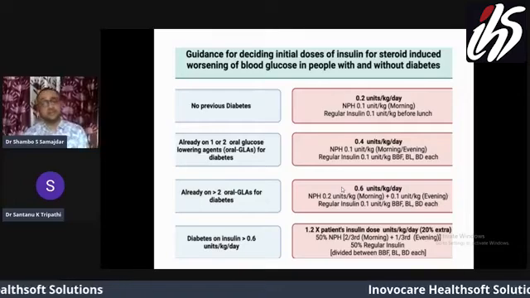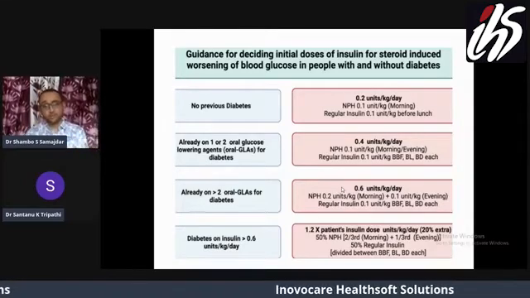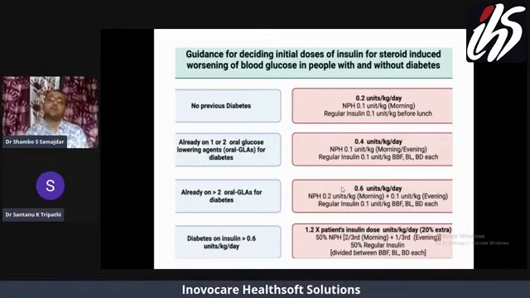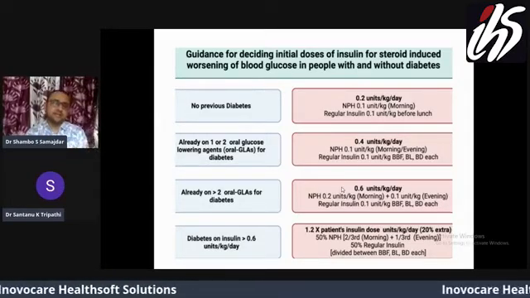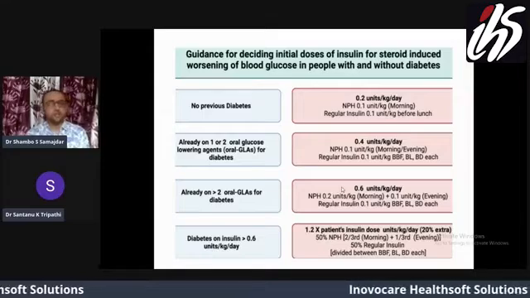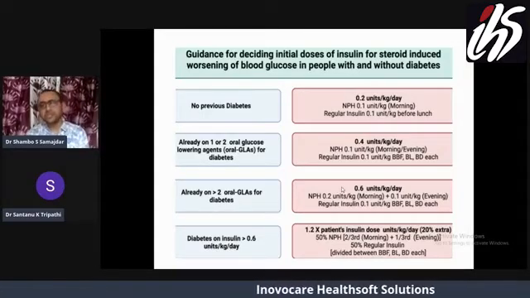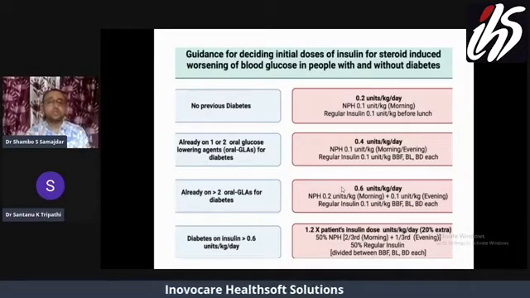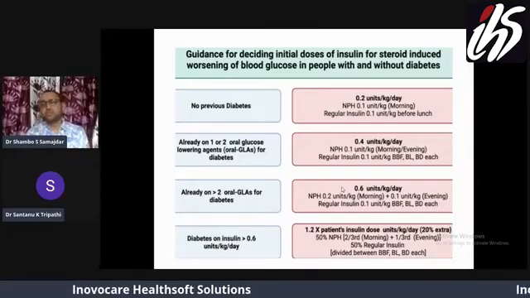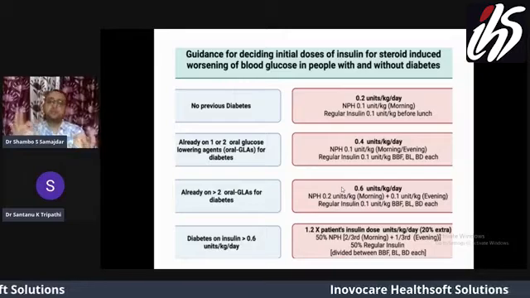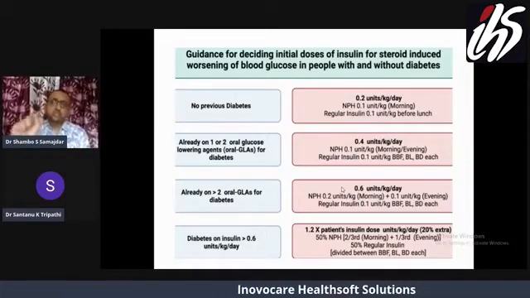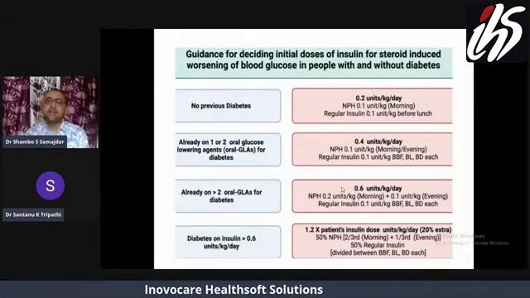That is one dose of NPH, 0.1 unit per kg, as a morning dose, along with dexamethasone or methylprednisolone. But I think there may be debate on what I am saying now. When we are using dexamethasone, which is a prolonged acting drug, we need some analog insulins like glargine or degludec. But when cost is a constraint, NPH is also very good. Then regular insulin, 0.1 unit per kg before lunch, so the dose is 0.2 unit per kg per day.